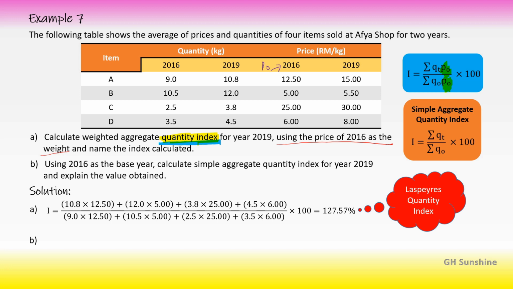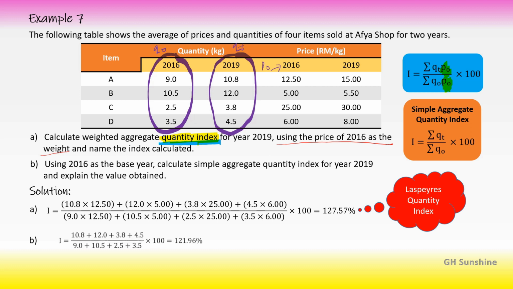So where is QT? QT is based on 2019. And then Q0 is based on 2016. This one is Q0. And then this column is QT. Substitute all the values.